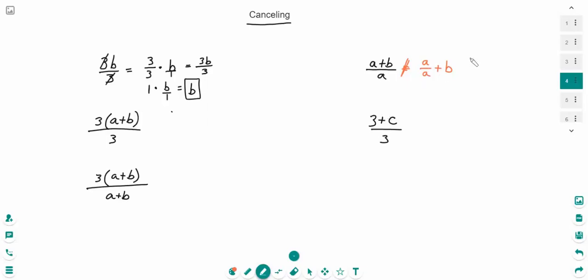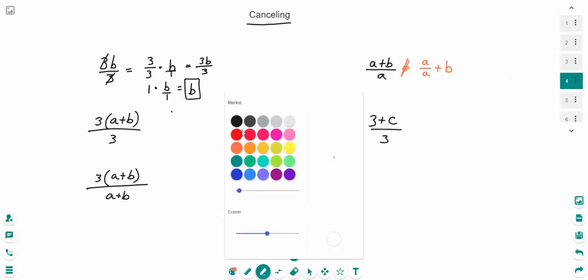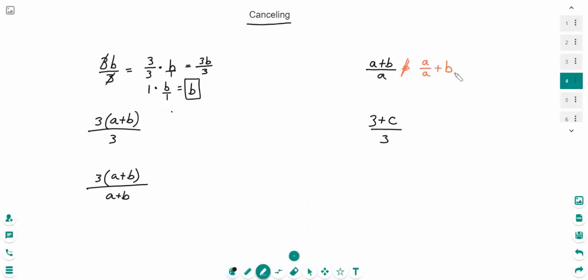Okay, and if you doubt me, let's go right ahead and try to add this and see what happens. So if I add this, I would have to place the b over a 1, so we have fractions. a over a plus b over 1. Well, in order to add fractions, I need to have a common denominator, right? So the common denominator here is going to be the denominator a.